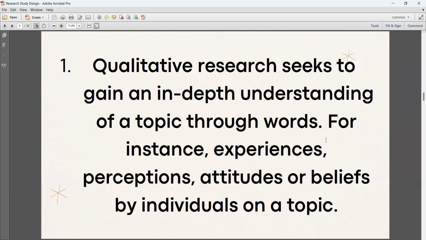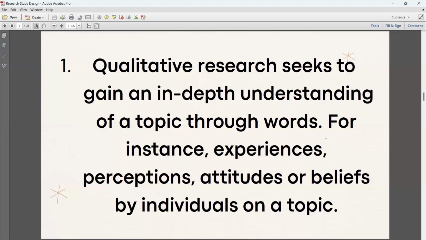Now the second approach, the qualitative approach, seeks to gain an in-depth understanding of a topic through words. So basically, it is gaining understanding that is based on words, mostly transcriptions from audio interviews, and it can also be observational in nature.